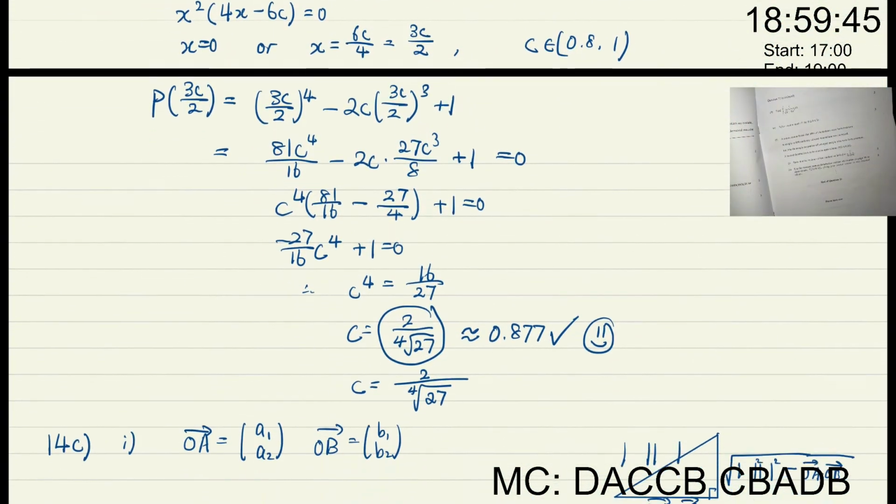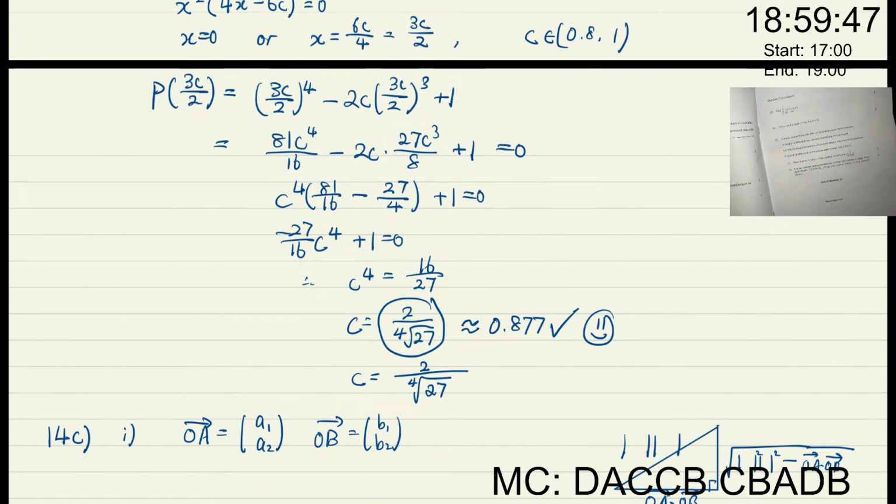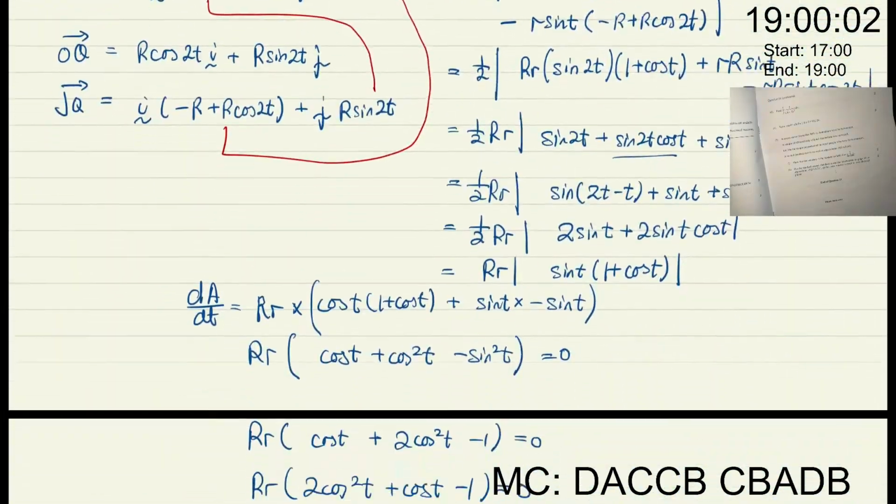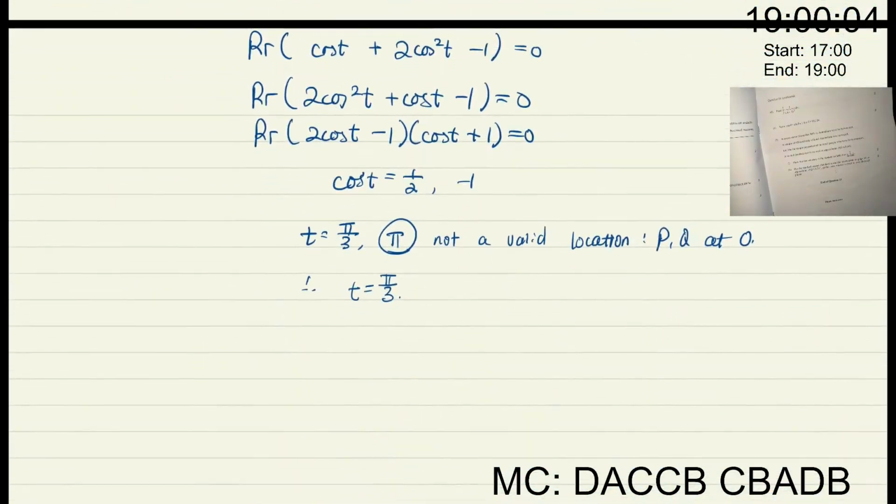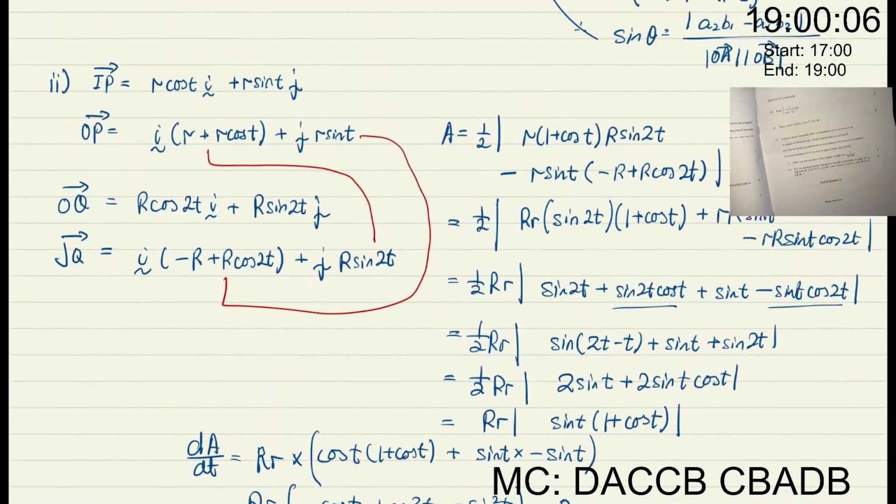I got c equals this, guys. In my opinion, this is a fairly correct answer for 14b. It is a nice number between 0.8 and 1, and the exact value is what the marker will be looking for. The last question, I am not 100% sure. The proof was right. The calculus here, dubious.